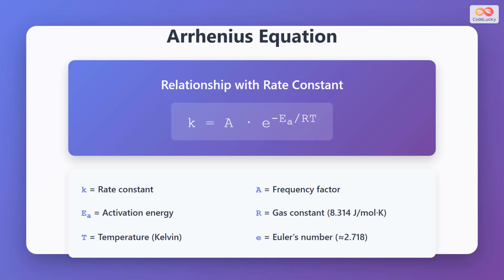This equation shows that as activation energy increases, the rate constant decreases exponentially, meaning the reaction becomes slower. Conversely, increasing temperature increases the rate constant, speeding up the reaction.